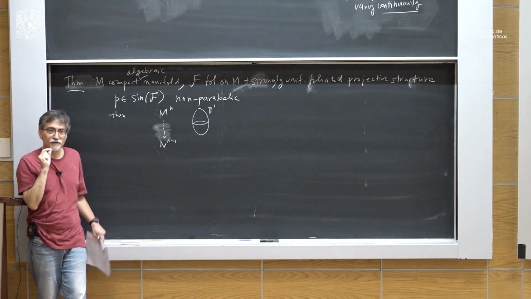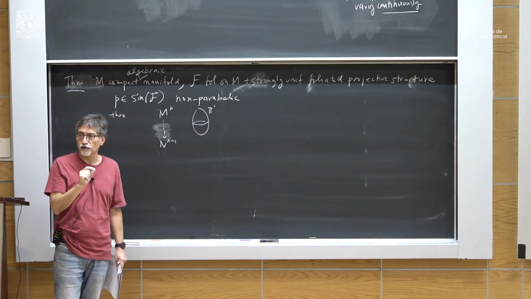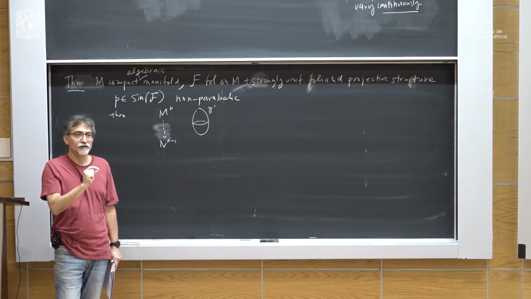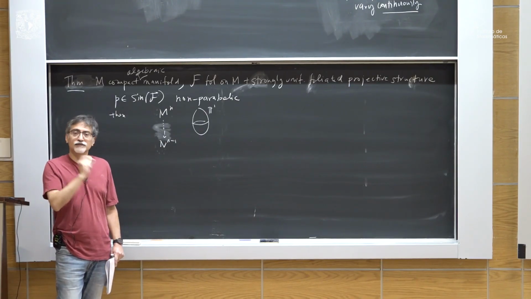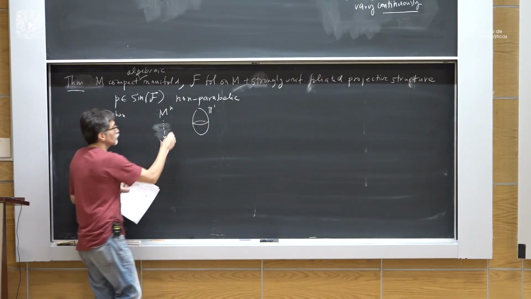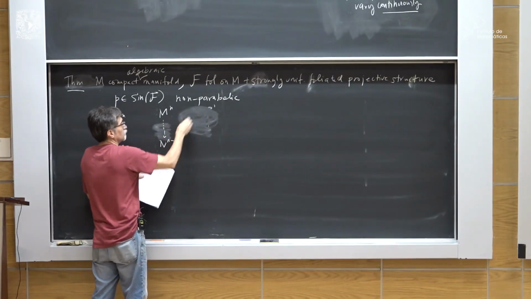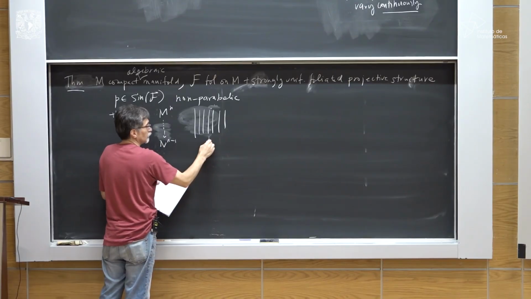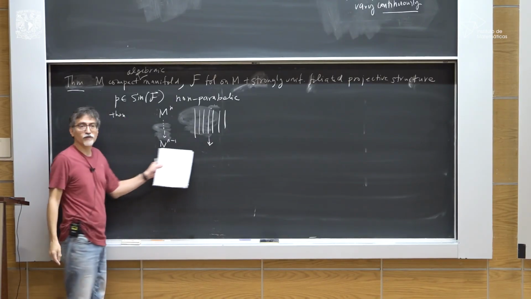So if you have just one singular point of the foliation that has this property of being non-parabolic, then you have, in a suitable sense, a first integral of your foliation. So the foliation is essentially a fibration, you have a ruling, a fibration by rational curves.